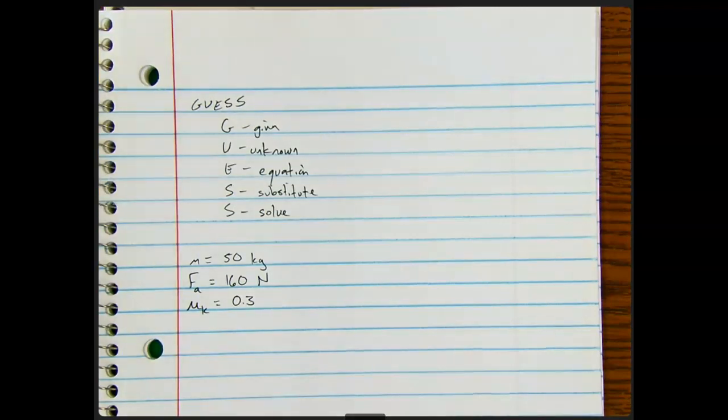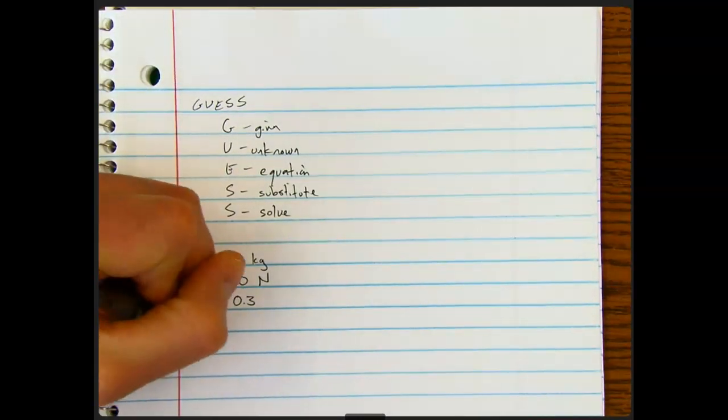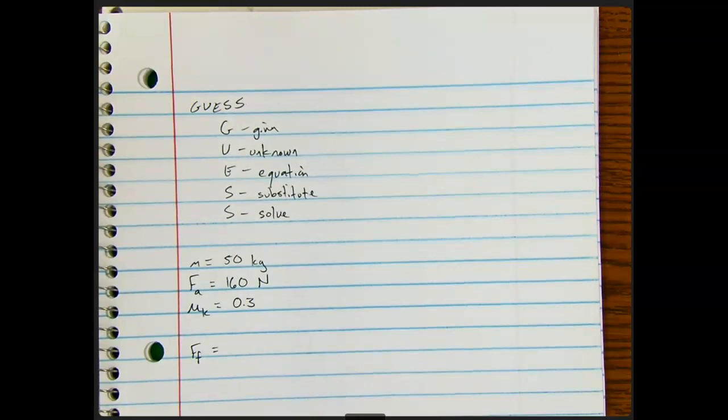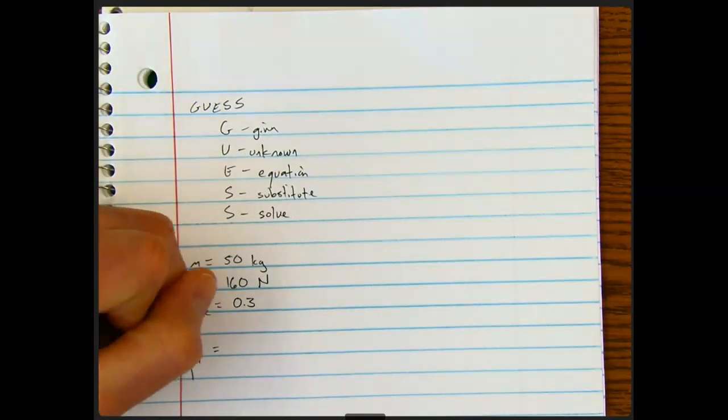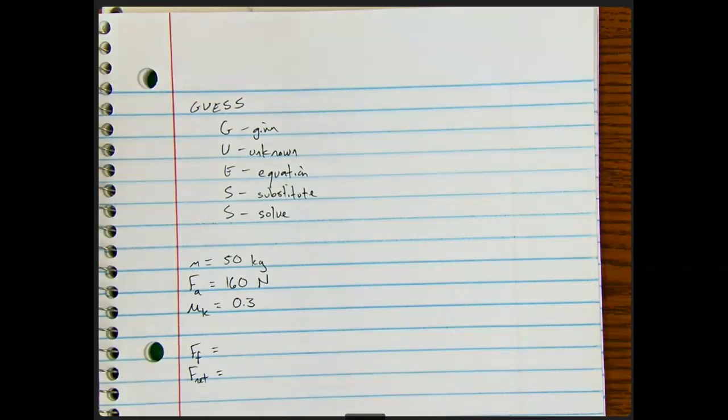For that coefficient of friction, we use a Greek symbol called mu, and I put a little k to specify that it is the kinetic friction. What I don't know is the force of friction. That's what the question is asking for. And I don't know the net force. That's another question I've been given here.